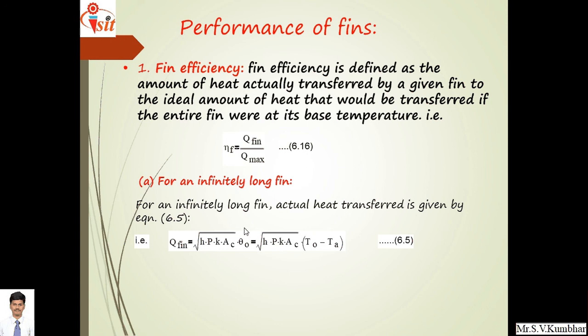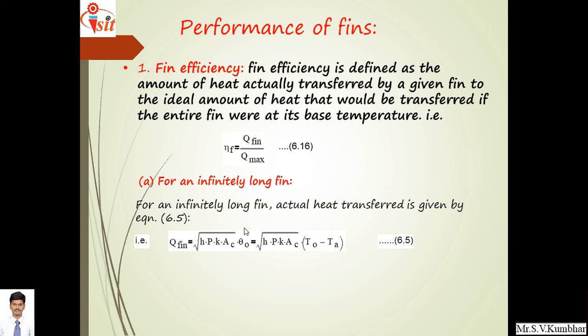Generally, performance of any device is calculated with the help of its efficiency. Now, what is efficiency? Efficiency in general terms is output upon input, that is, the output of this particular object divided by the input given to that object.